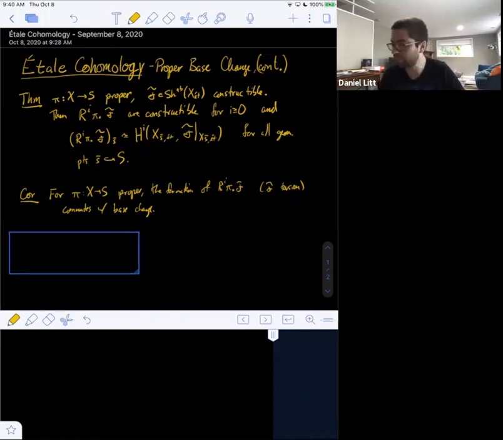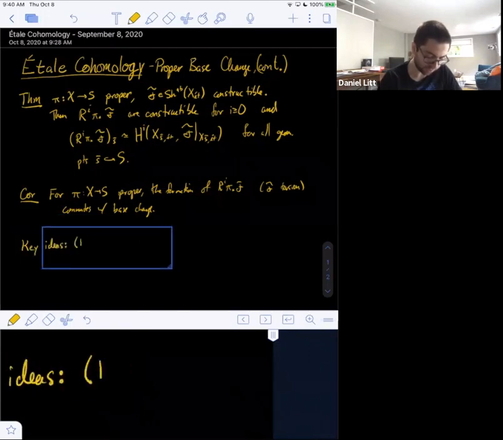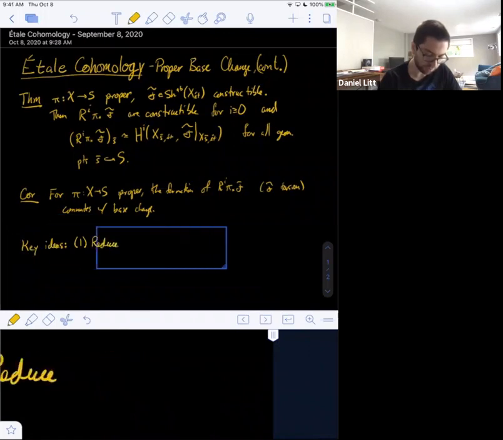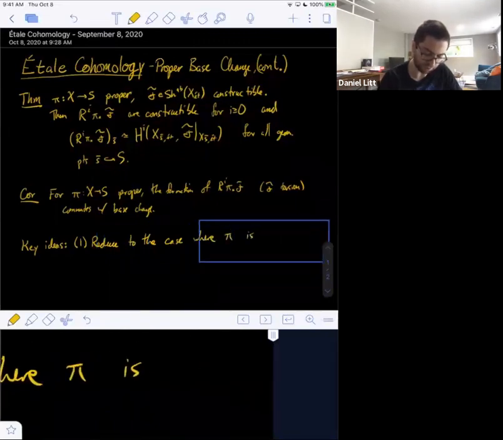All right, so doing the proof would be very exhausting, but let me say what the key ideas are that go into it. So first of all, reduce to the case where π is a relative curve.